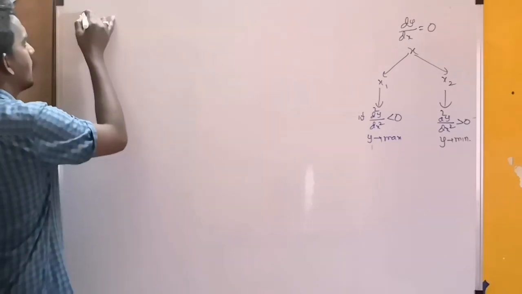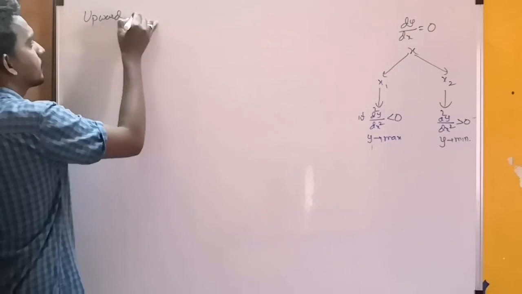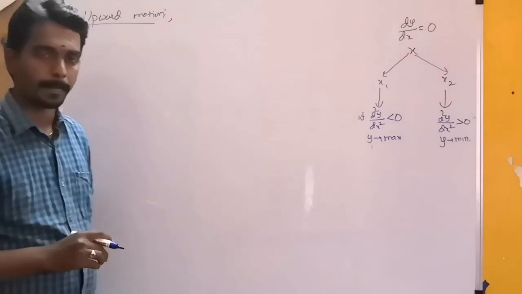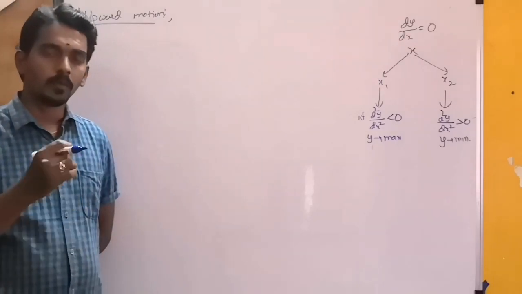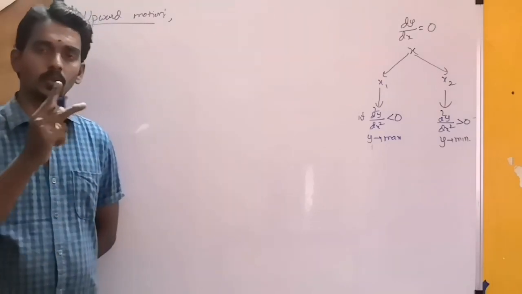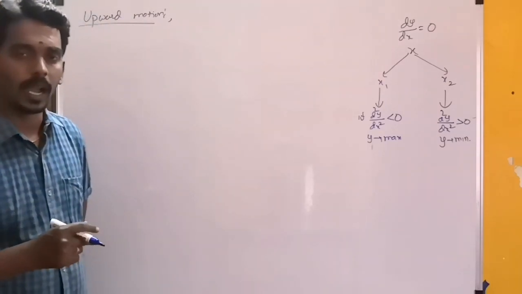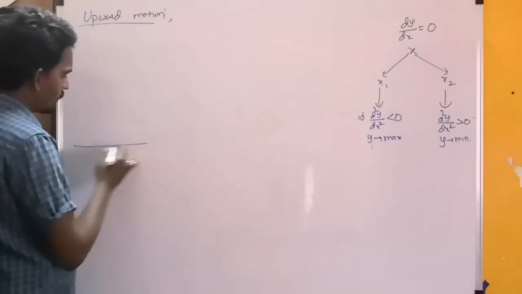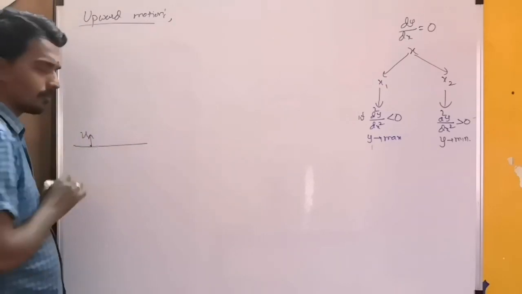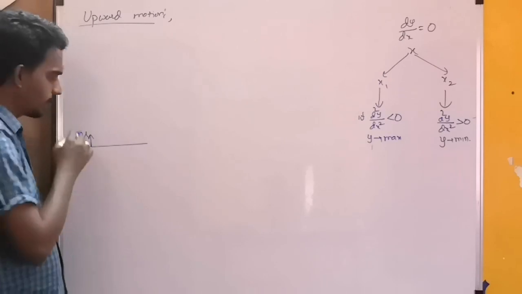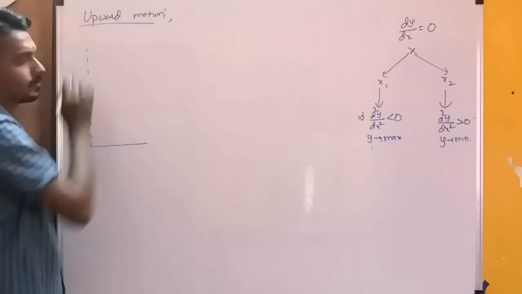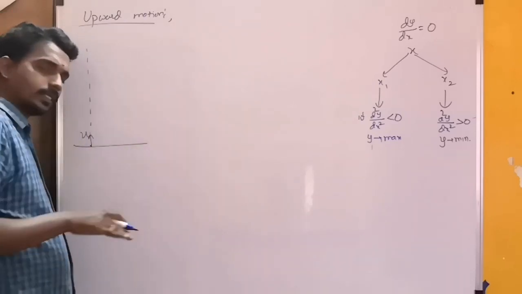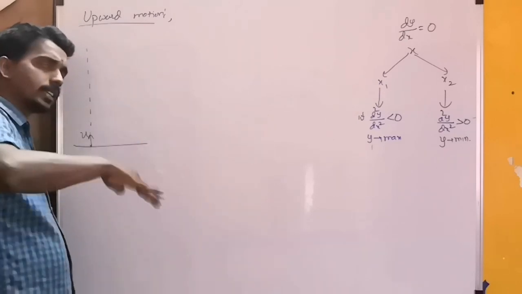The example is upward motion. What is the meaning of upward motion? It is nothing but motion under gravity. There are two types you will study: free fall and upward motion. From the surface of the earth, if you throw a particle upward with an initial speed u, it will go up, so the height increases, from 0.